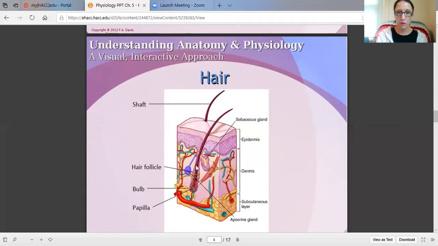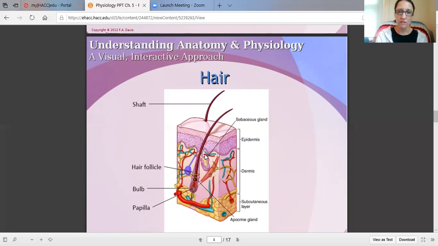So as the hair pushes up through the epidermis and to the outside world, this part of the hair is called the hair shaft, right here. Now, in order for the hair to make it out of the skin or out of the epidermis, it has to be lubricated.